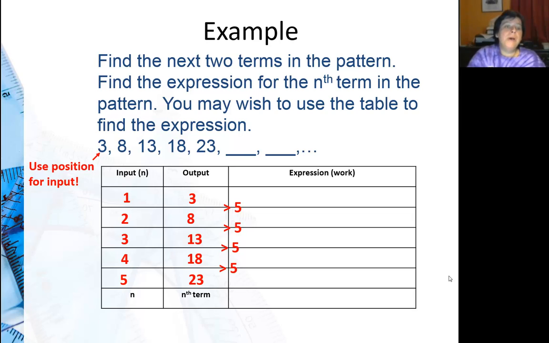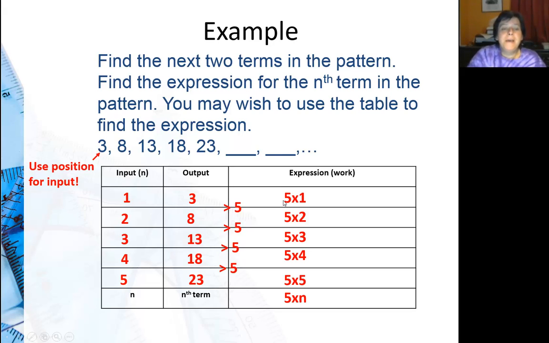5 divided by 1 is 5. So I'm going to try and multiply 5 times the n. 5 times 1, 5 times 2, 5 times 3, 5 times 4, 5 times 5, and even 5 times n. Well, if I look at all those numbers, I've got 5, 10, 15, 20, 25, and 5n. Are they giving me the right number?